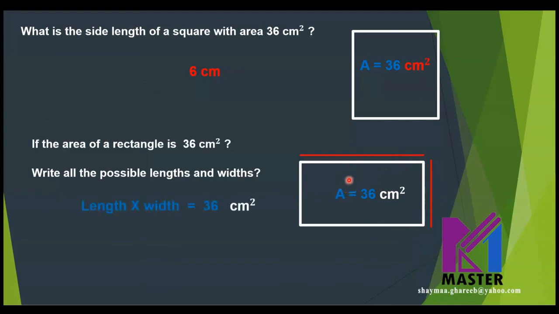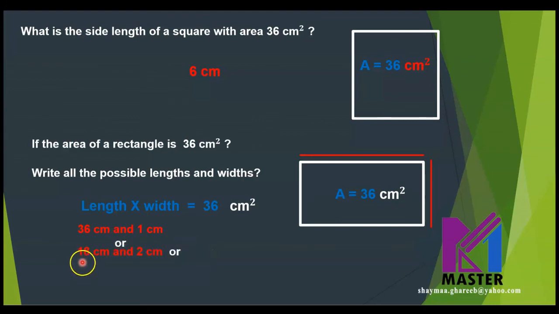So the length times the width must be 36. So can you think of two numbers that, when I multiply them together, will give me 36? Actually, you can think of factors of 36. We can start with 36 and 1. So if the length is 36 and the width is 1, then the area will be 36.